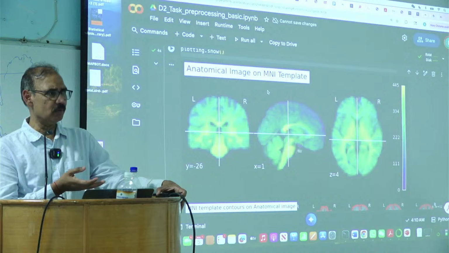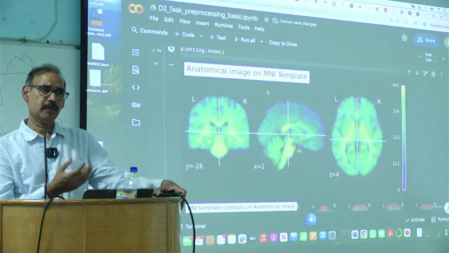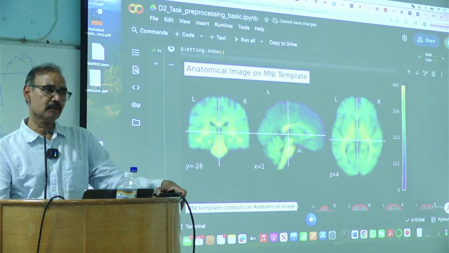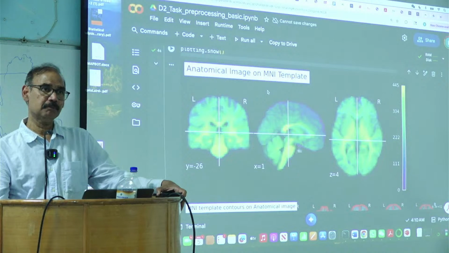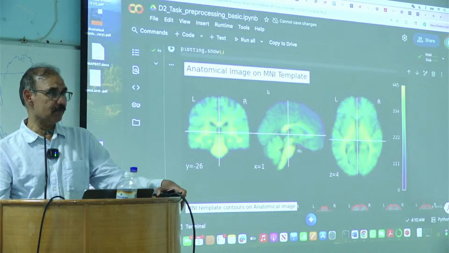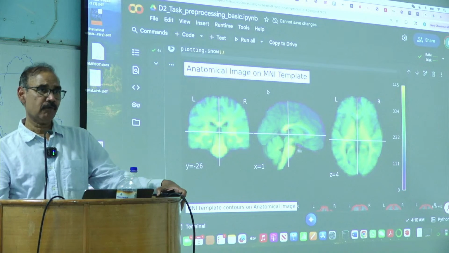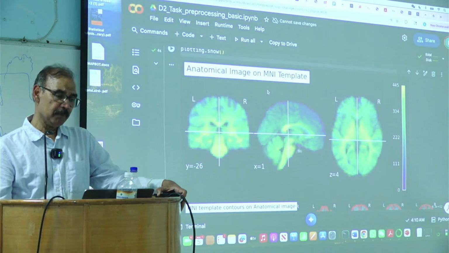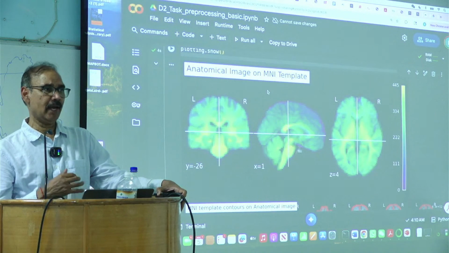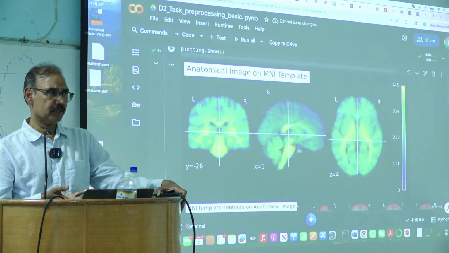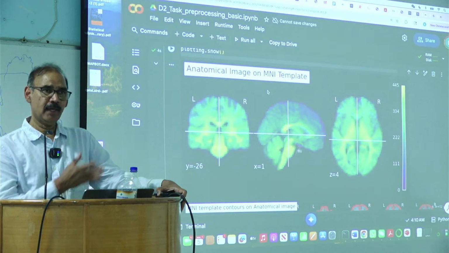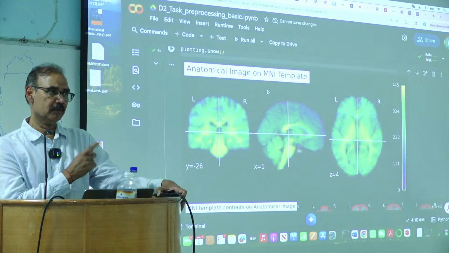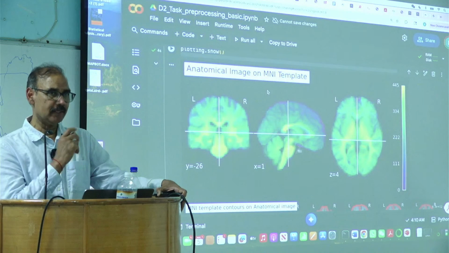But for a clinical group, it may not be valid. If I was scanning people with schizophrenia, people with schizophrenia typically have large ventricles, then it may not be valid. Okay.